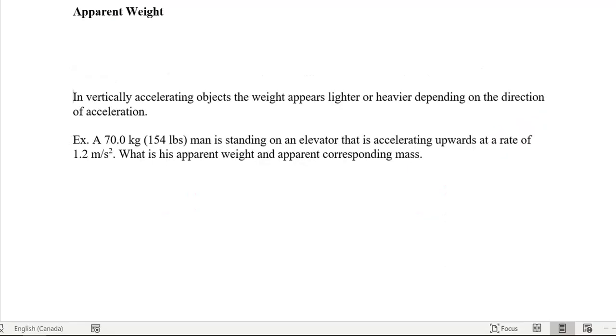So it turns out that what we feel as weight, we're actually feeling the Fn, the normal force. You can't feel gravity pulling down on you. What you feel is the floor pushing up on you. And that's what we sense as weight. We actually sense Fn.